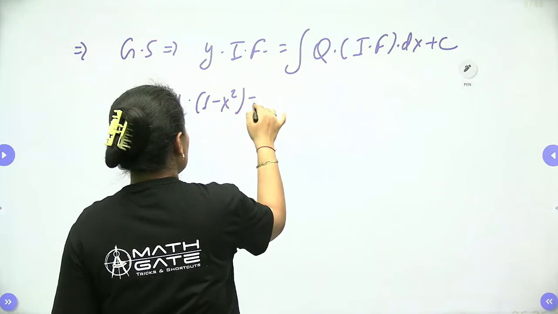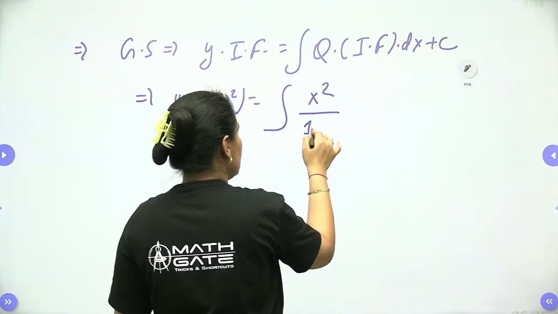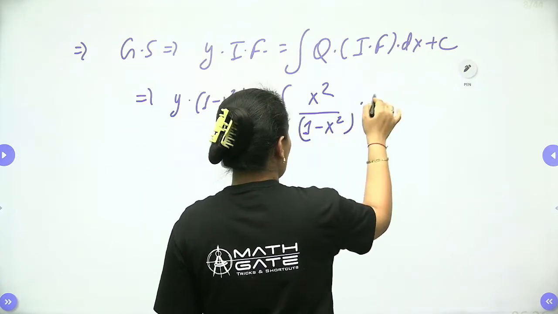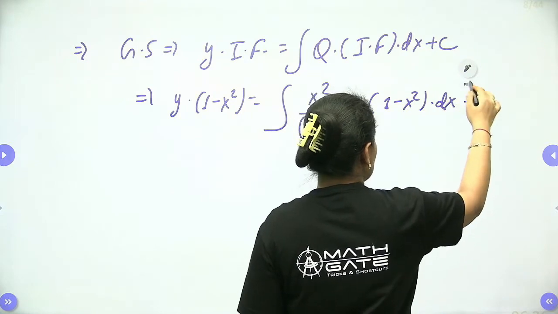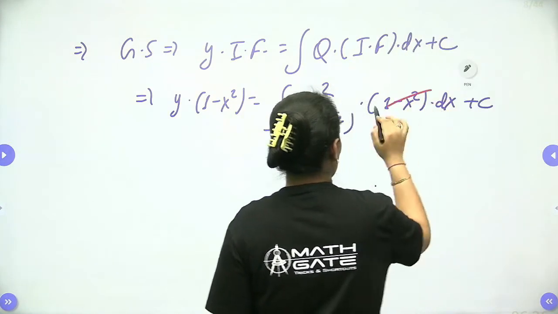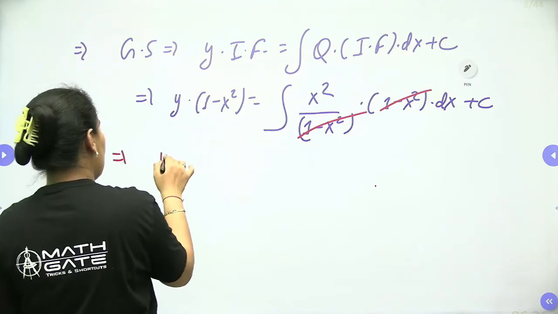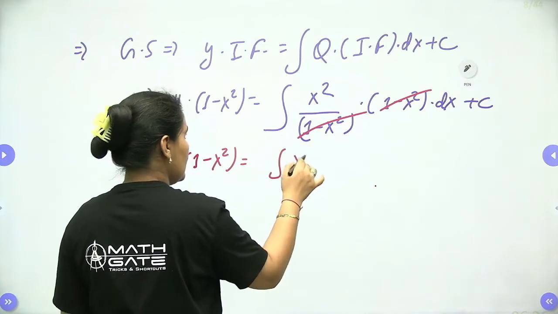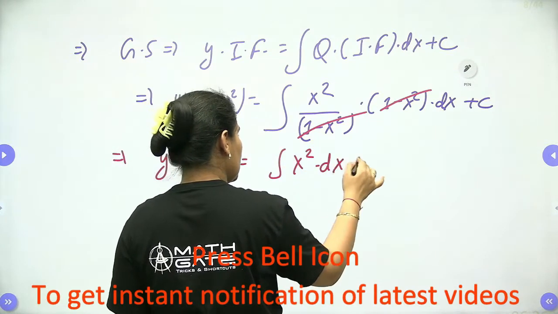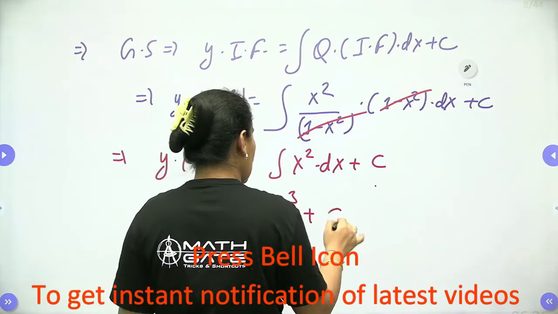Q is x square by 1 minus x square, multiplied with 1 minus x square into dx plus c. So 1 minus x square will be cancelled out. It will be y into 1 minus x square is equal to integral of x square dx plus c. So it will be x cube by 3 plus c.